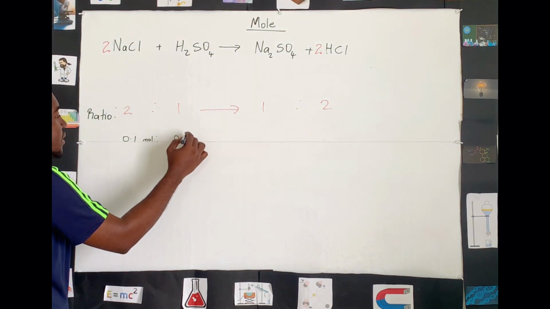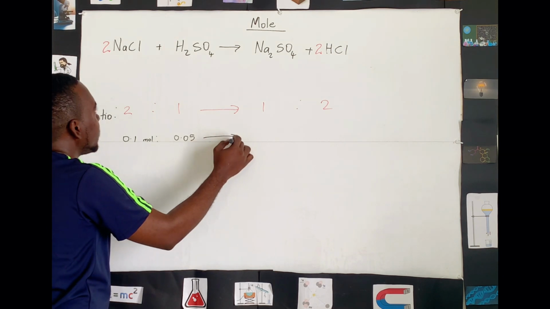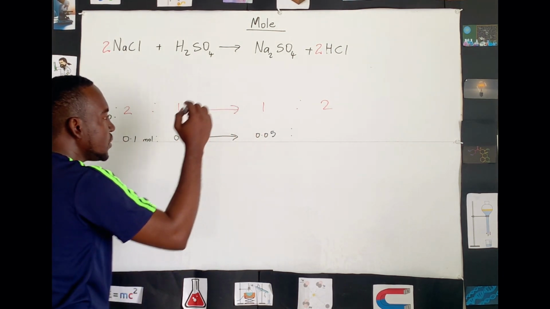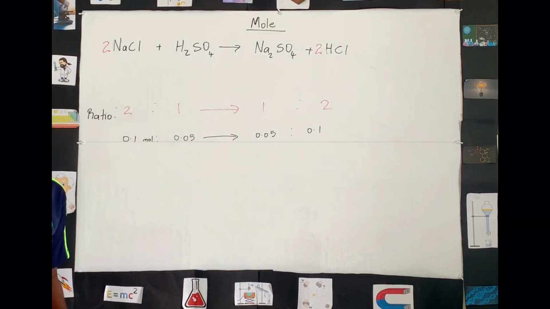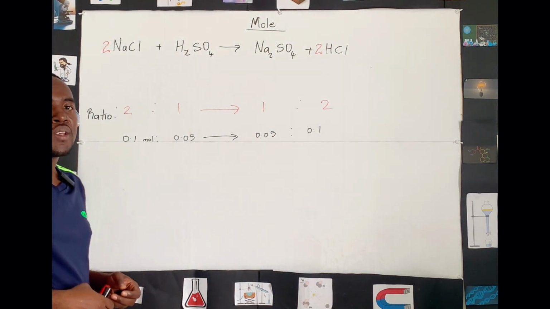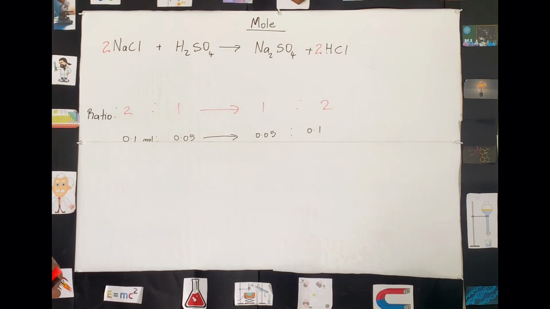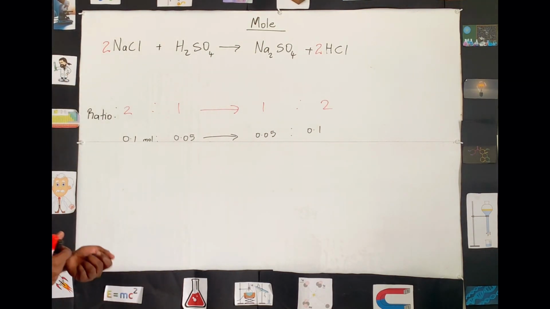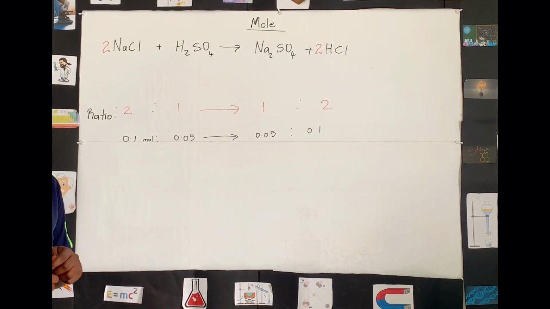So it will be 0.05 mole of sulfuric acid, and that will yield 0.05 moles of sodium sulfate and 0.1 mole of hydrogen chloride. So therefore, using the mole ratio of what you know to get what you don't know becomes very important when we're finding mole or any quantity that resembles the mole in any chemical equations.